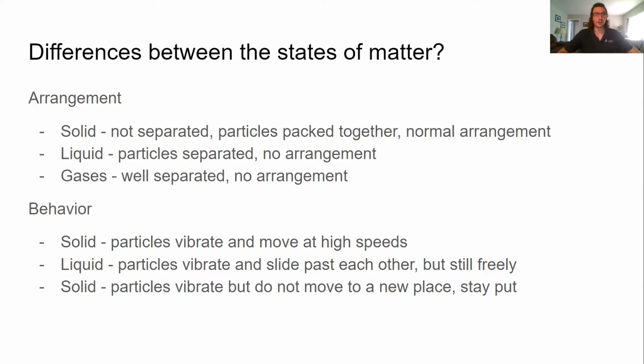And so a solid is, those particles are not separated. They're all packed together, even touching each other and intertwined. And they have a normal arrangement. So it's not a random way in which they are all packed together. It's packed together in an arrangement or a pattern, a consistent pattern throughout the way it's packed.